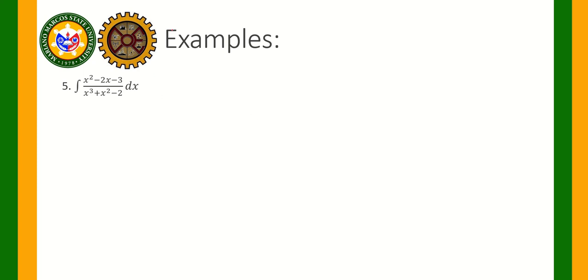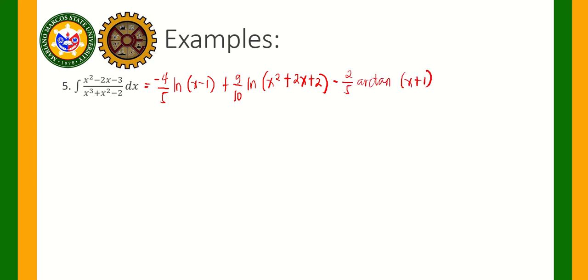So this is equal to negative 4 over 5 ln of x minus 1 plus 9 over 10 ln of x squared plus 2x plus 2, and then minus 2 over 5 arctan of x plus 1. Was it x plus 1 that we used? Okay, sige, x plus 1. And then don't forget our plus c.